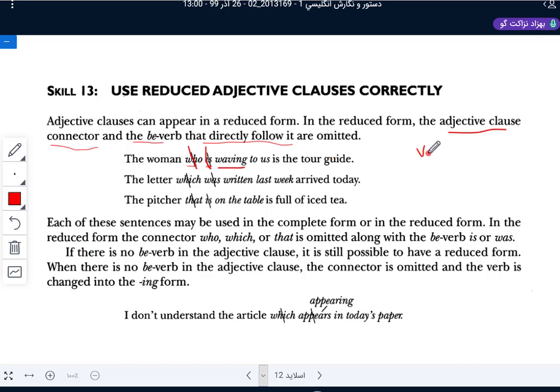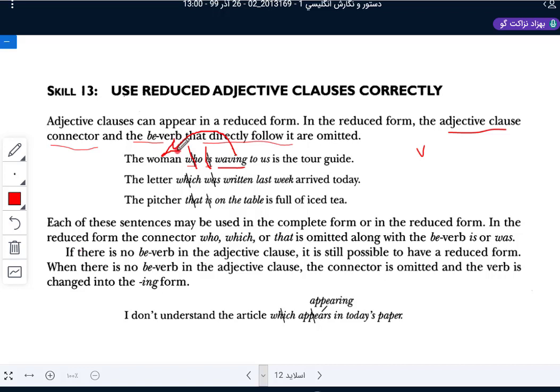Verbal phrases have the verb form, but they are not verbs. This is not a verb. It has a verb form, and verbal phrases can be either infinitive, participial or gerund. In a participial phrase, we can have either a present participle or a past participle. And present participles and past participles are always adjectives and they post modify the noun.